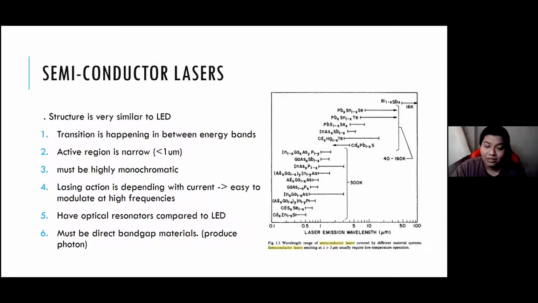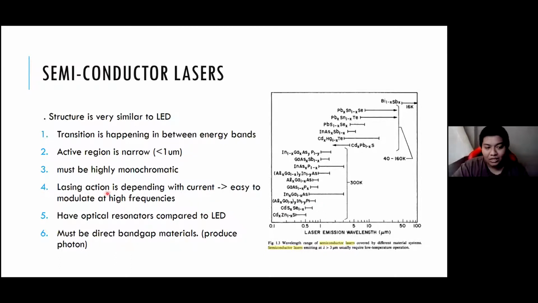And the third, it must also be highly monochromatic. By monochromatic it means it will only emit one type of laser wavelength.